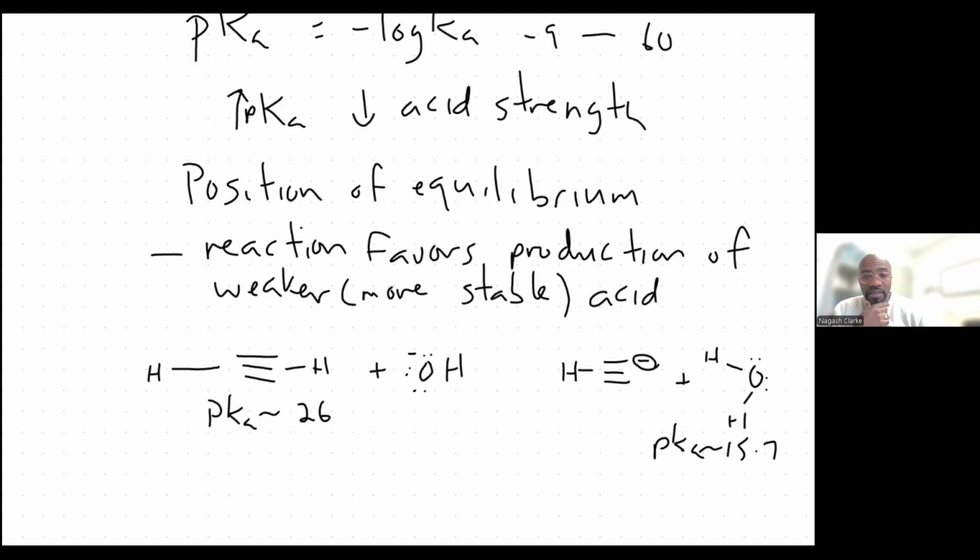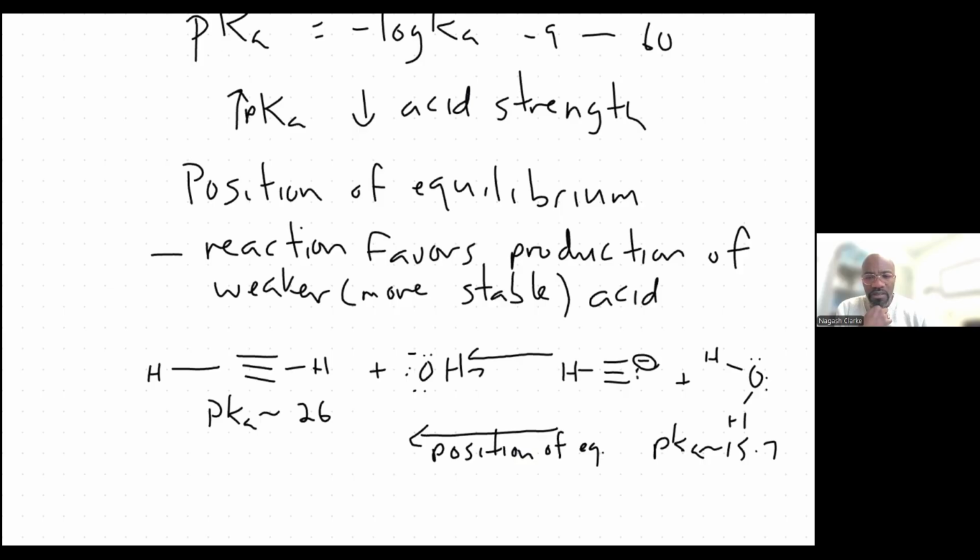So, according to acid-base theory, the reaction is going to go towards the weaker acid or the more stable acid. The weaker acid is going to be the one with the higher pKa, which in this case is 26, which is my alkyne. So I'm going to draw my arrow like this. The longer stem is going to go to the left towards the weaker acid. So we say the position of equilibrium is to the left, meaning the reverse reaction dominates. Okay. And therefore, here's a lone pair.